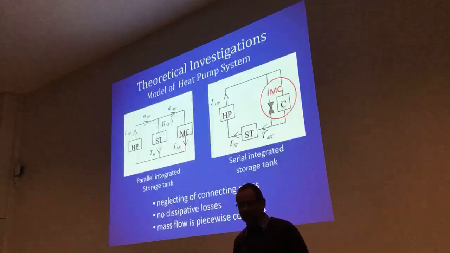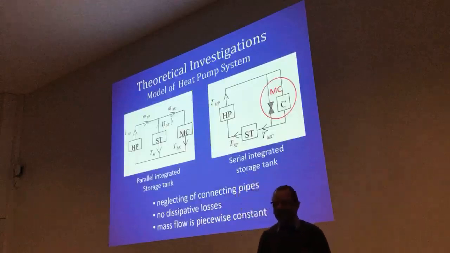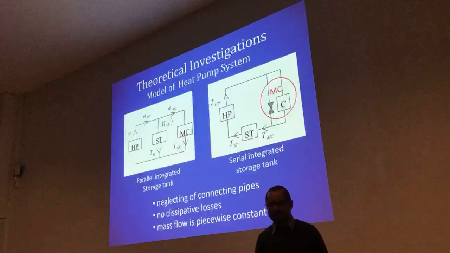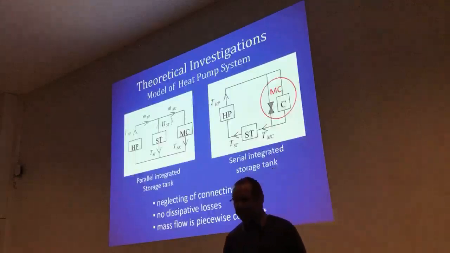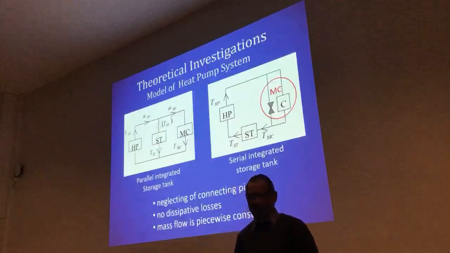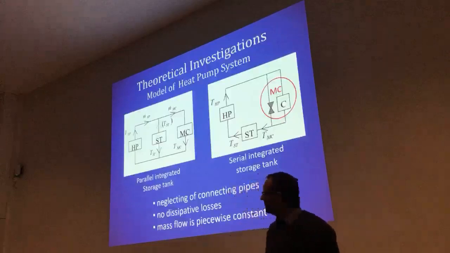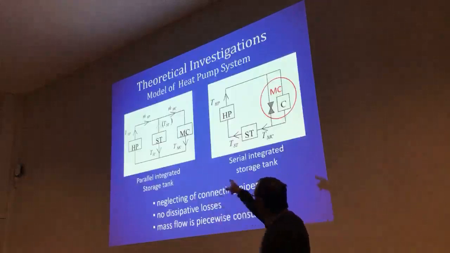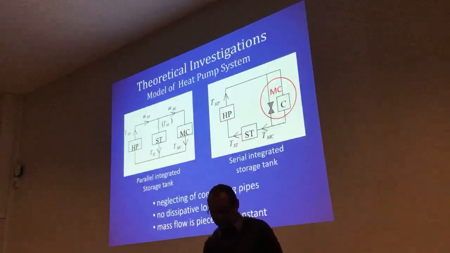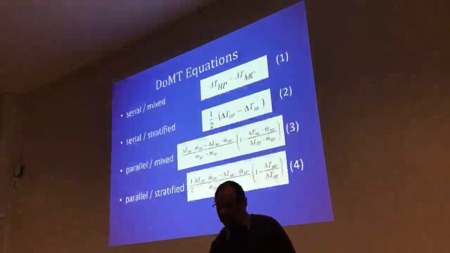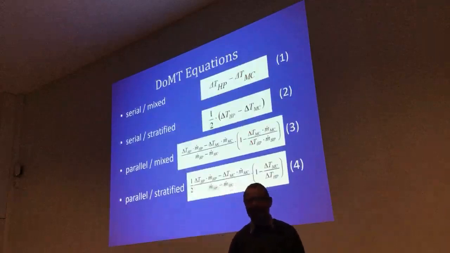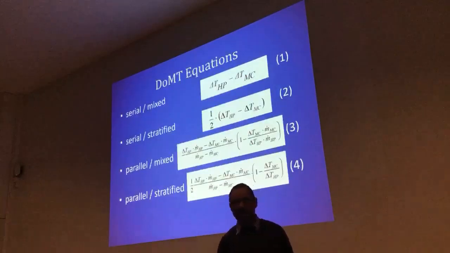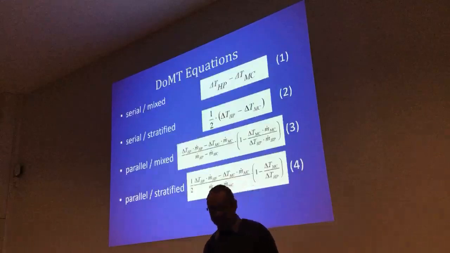To keep the model quite simple, we neglected the connection pipes, we had no dissipative losses, and the mass flow was piecewise constant. So the only time-independent correlations were the temperatures after the heat pump, after the model consumer, and after the storage tank. And we were able to calculate the drop of mean temperature without simulation, in an analytic way.